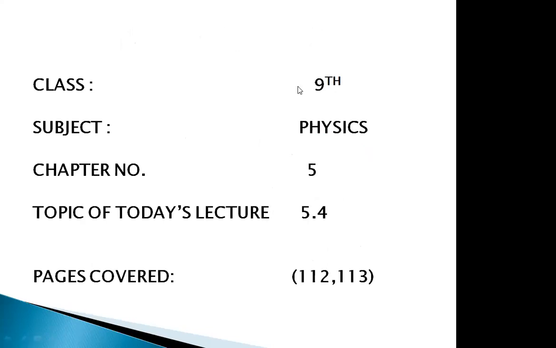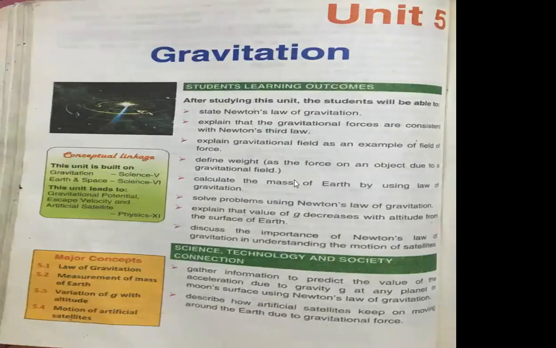Okay. Class 9, subject physics, chapter number 5. The topic of today's lecture is 5.4 artificial satellite, on page number 112. Please open ninth class textbook, page number 112. Today we are doing unit number 5, as we were doing before, gravitation.